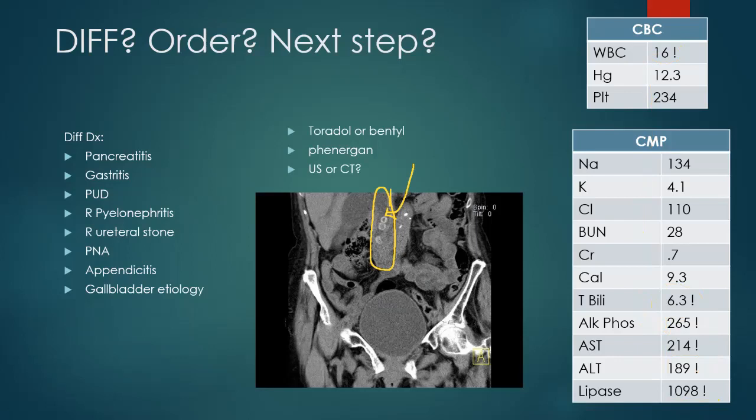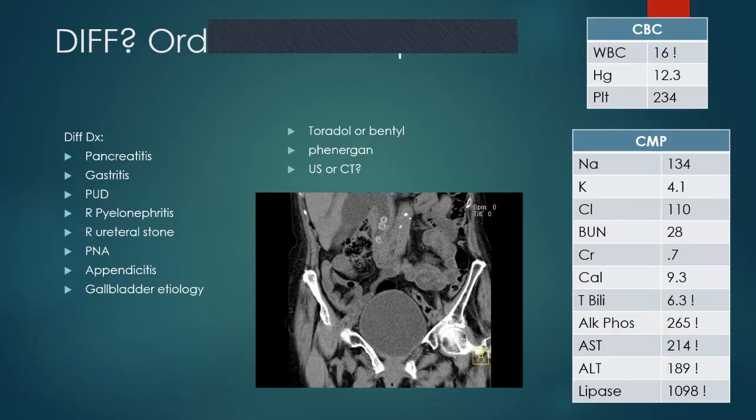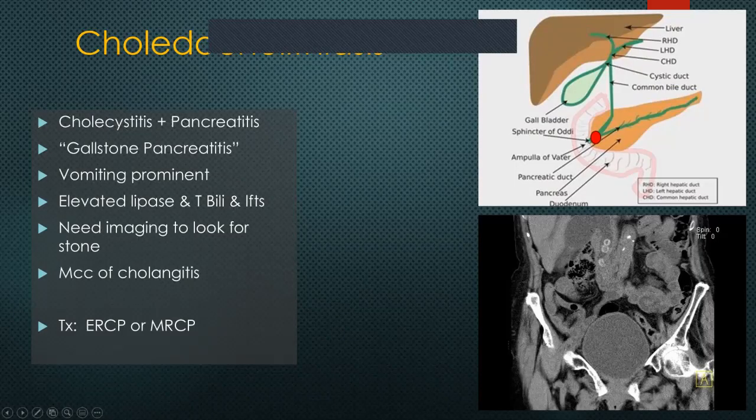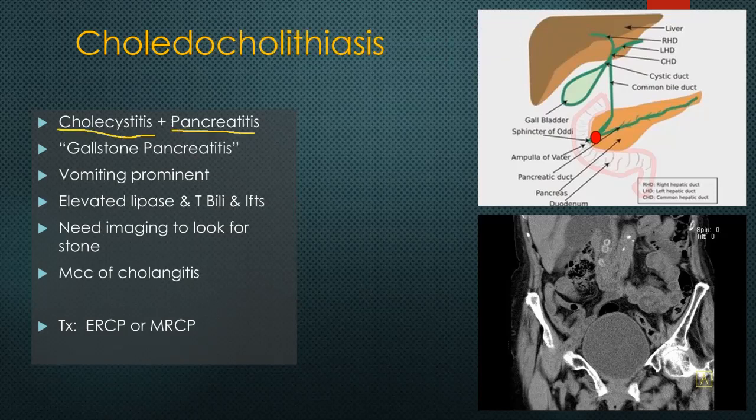They're not in the cystic duct. And this is a pretty good indication of something called gallstone pancreatitis, also known as choledocholithiasis. So this is a combination of acute cholecystitis with pancreatitis.